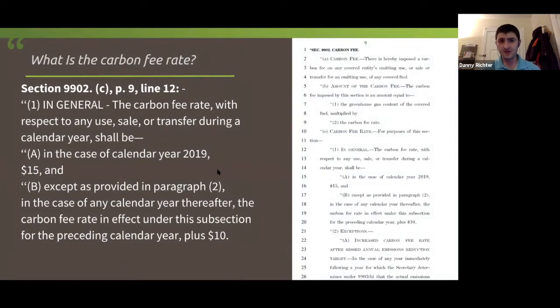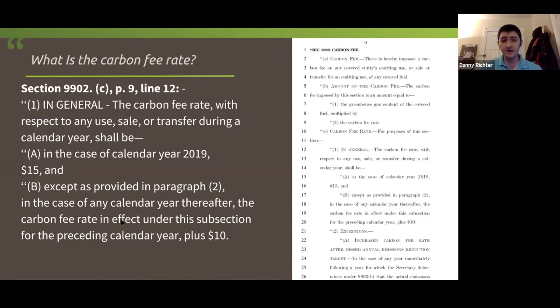So in section 9902 of the bill text, page 9, line 12, we have, in general, the carbon fee rate with respect to any use, sale, or transfer during a calendar year shall be, in the case of the calendar year 2019, $15, except as provided in paragraph 2. In the case of any calendar year thereafter, the carbon fee rate in effect under this subsection for the preceding calendar year plus $10. So it's basically saying whatever it was last year plus $10.